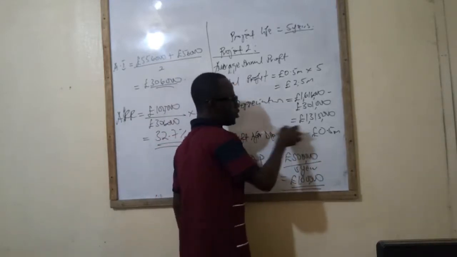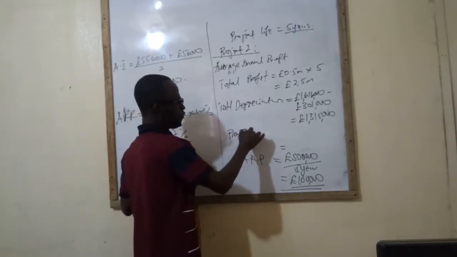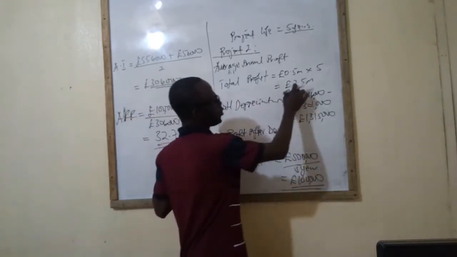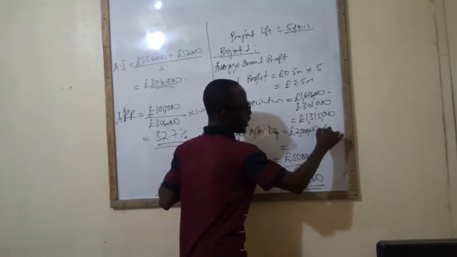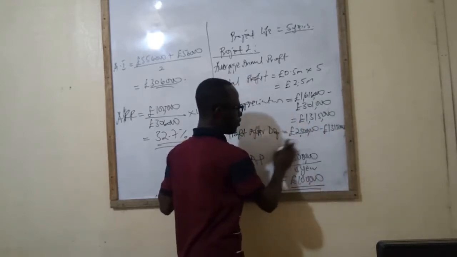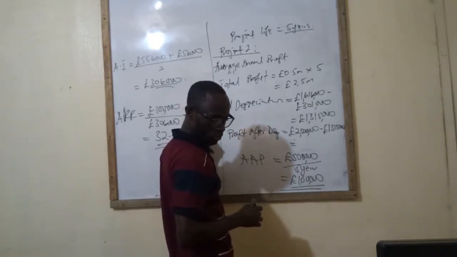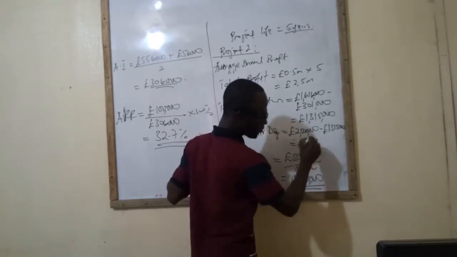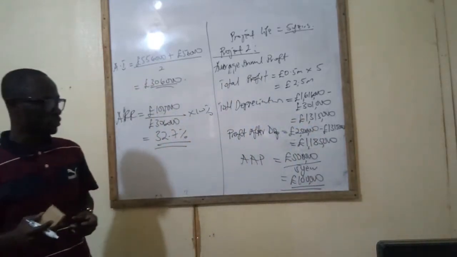Now the next step is to look out for the total profit after depreciation. So profit after depreciation will be the total profit, which is going to be 2,500,000 minus the total depreciation, which is 1,315,000. And so that will lead us to a profit after depreciation of 1,185,000.